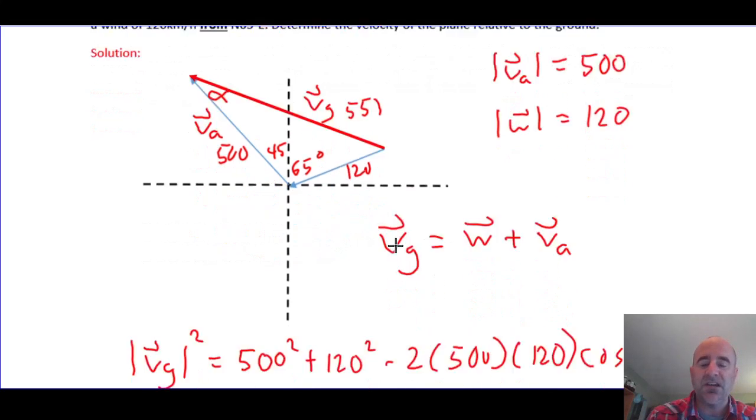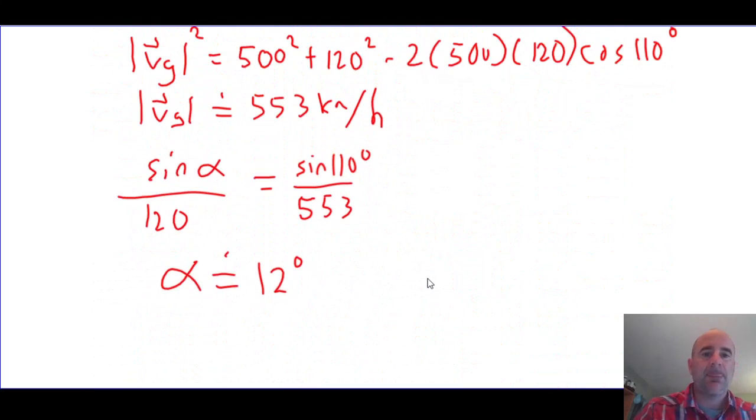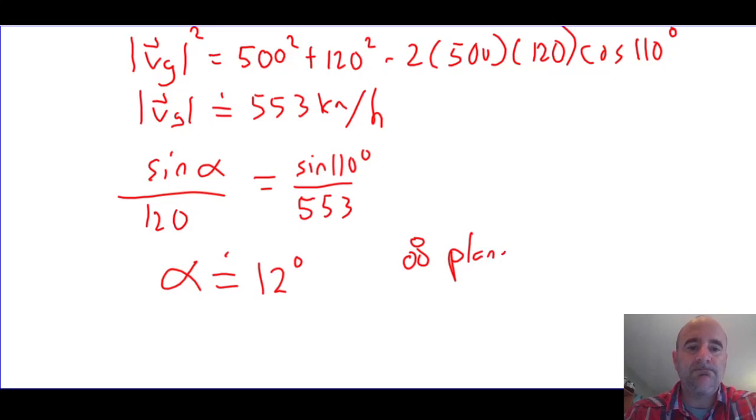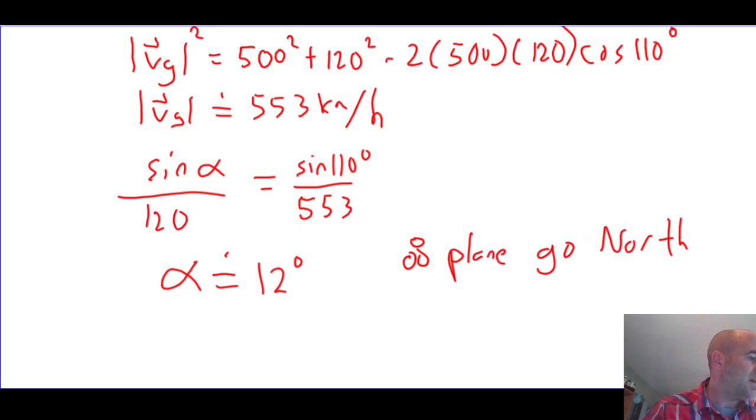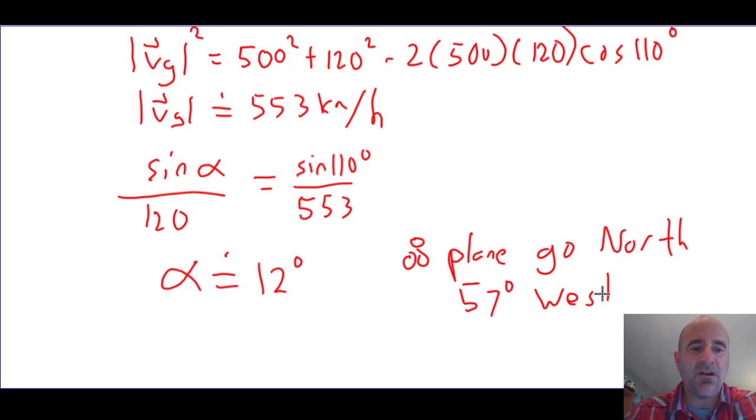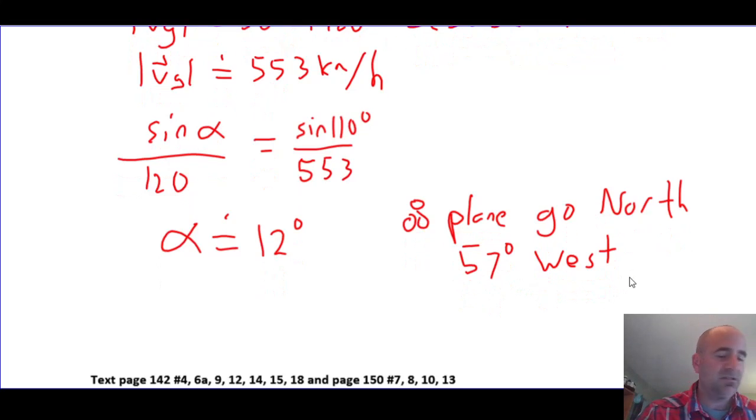So we can say that the plane would go north 57 degrees west, 12 plus 45. I think your book uses this notation, north 57 degrees west.